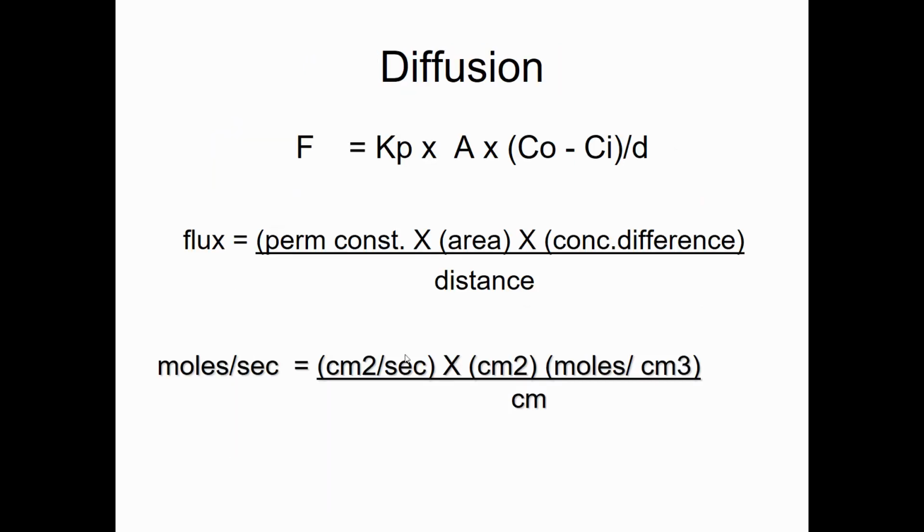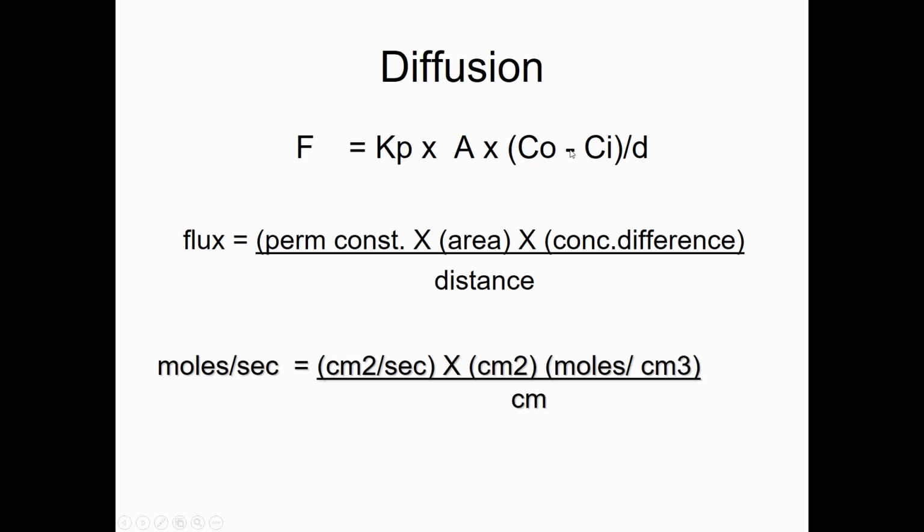Okay, so the flux in moles per second is related to a number of factors. First of all, what is the substance? What's its permeability? What's its molecular weight? Those kinds of things are in this constant. What's the area of diffusion? The larger the area you have for diffusion, the faster diffusion will occur. What's the concentration difference?